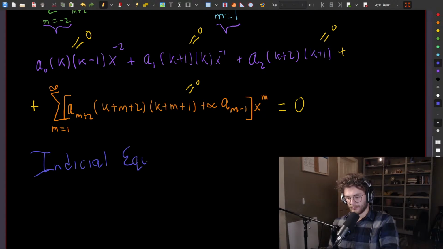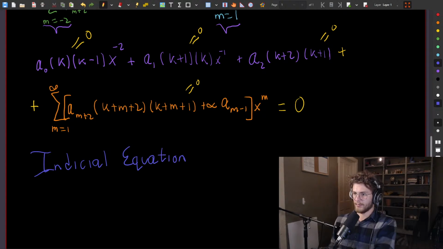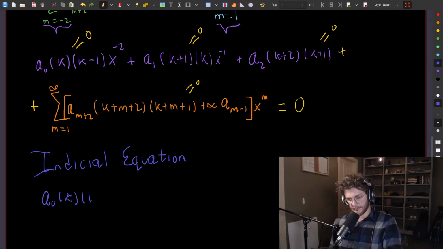Equation. What's the indicial equation? A naught k minus 1 equals 0. K equals 0 and 1.